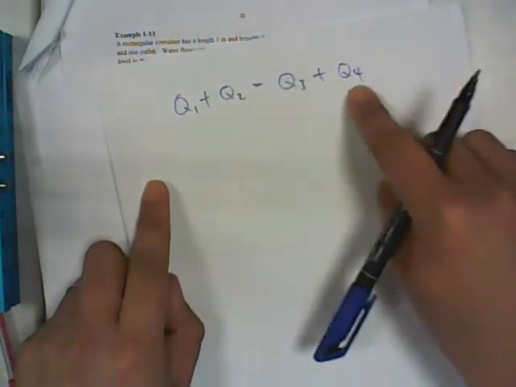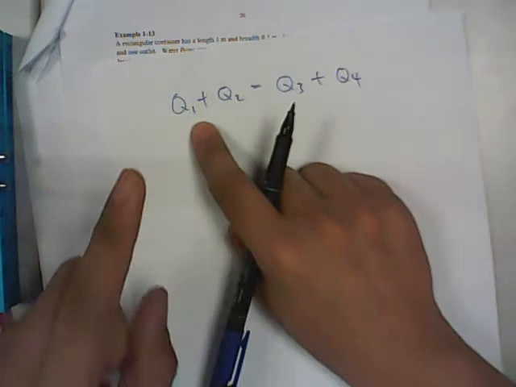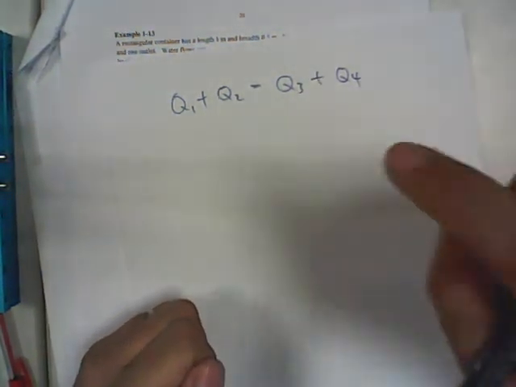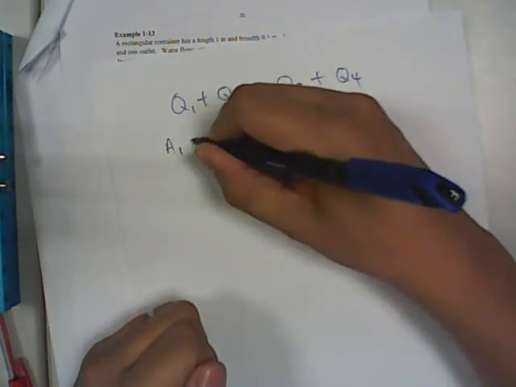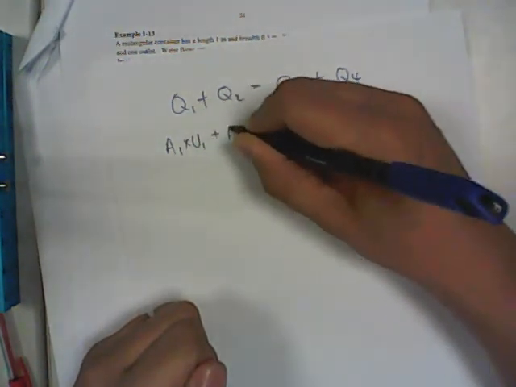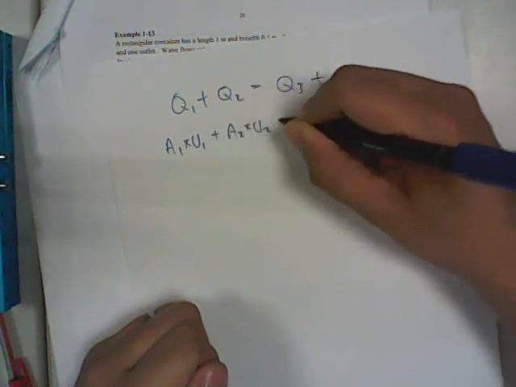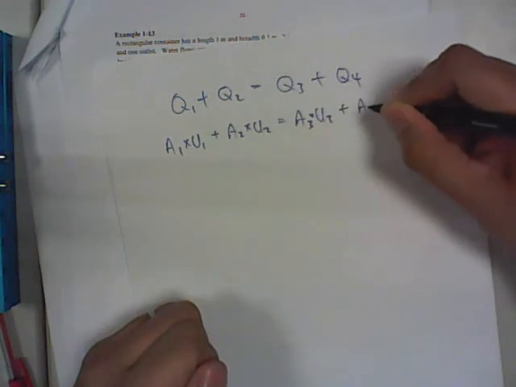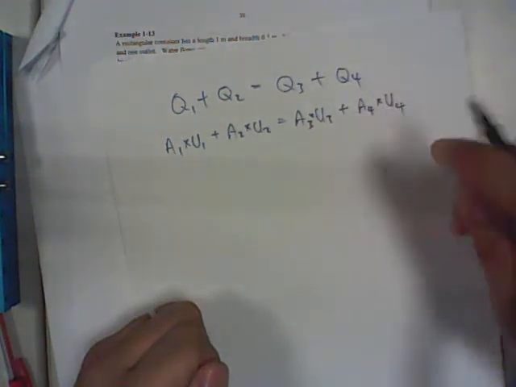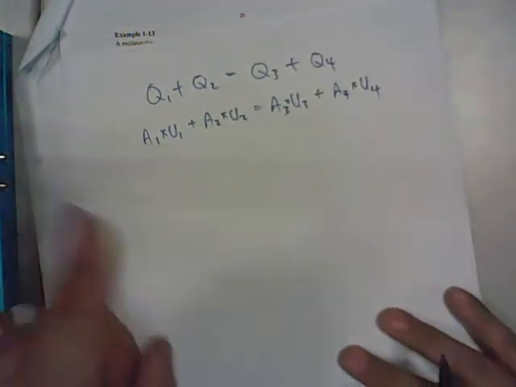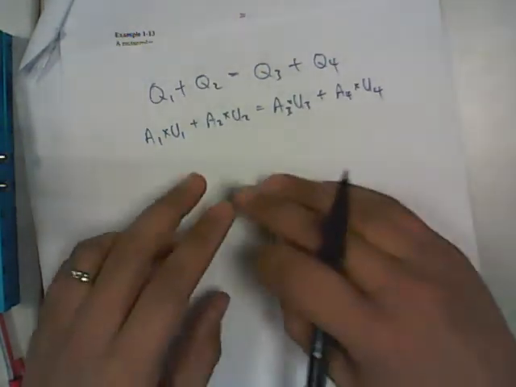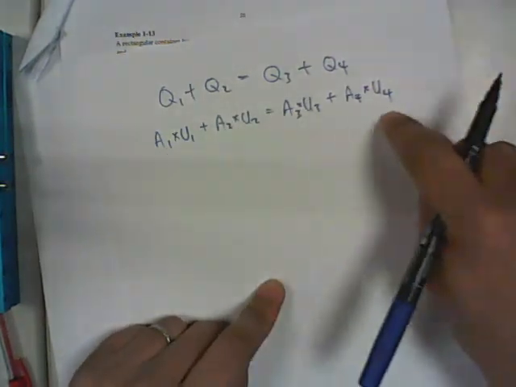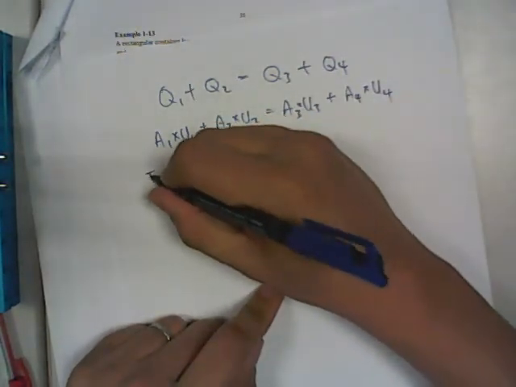Of course, you can further expand this equation because volume flow rate is the product of velocity and cross-sectional area. So you will have A1 U1, A2 U2, A3 U3, and A4 U4. To break it down even further, if you're talking about circular pipes, all the areas have diameters.